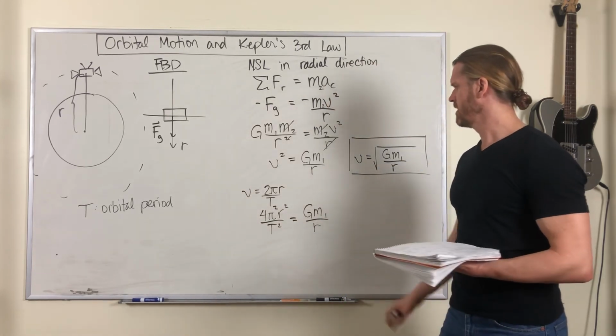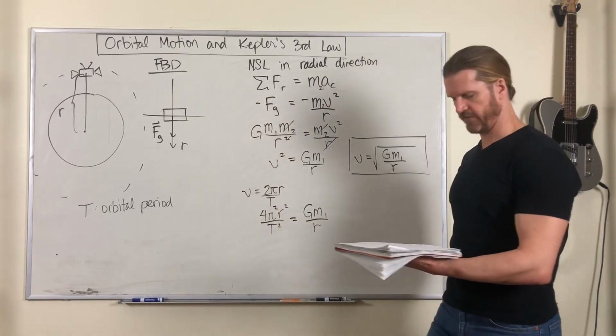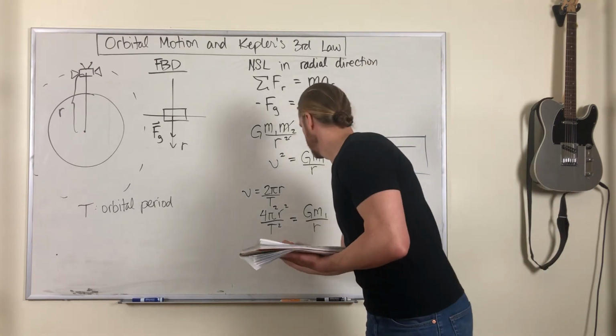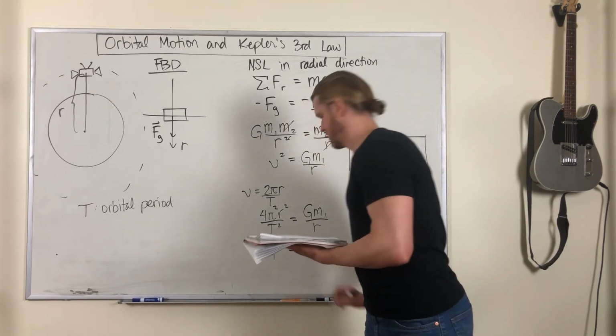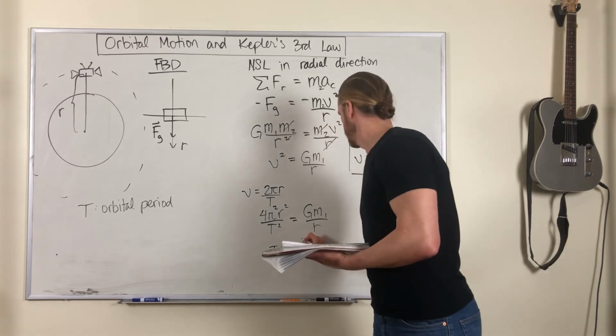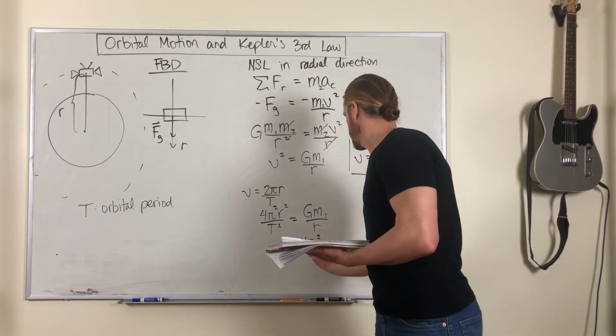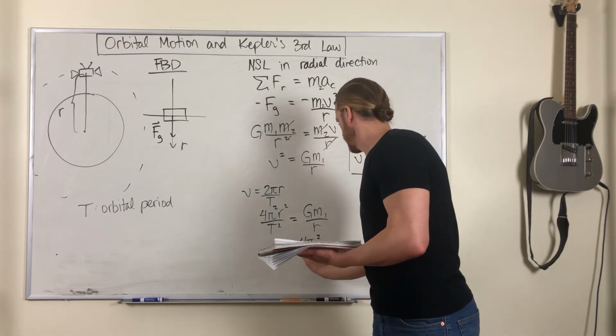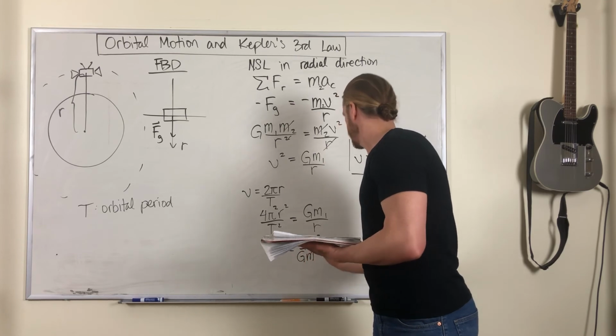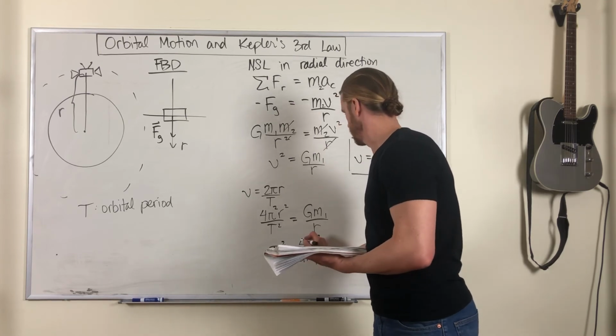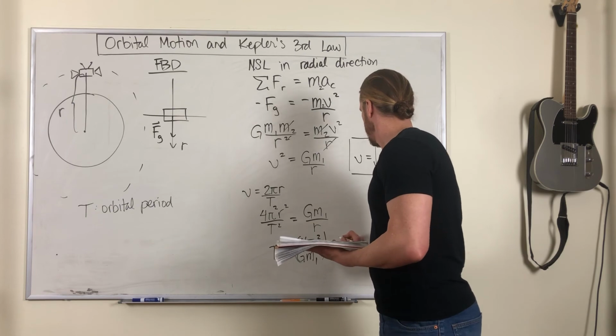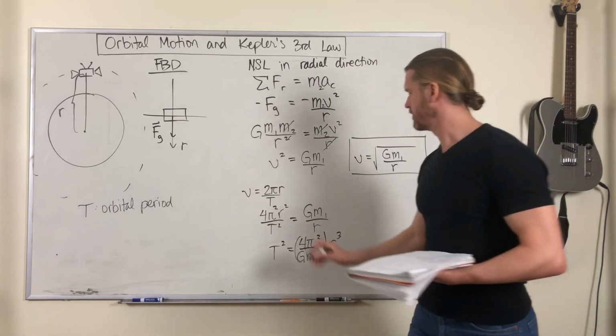r. And usually people rearrange this so that it looks like T squared equals 4 pi squared over GM times r cubed.